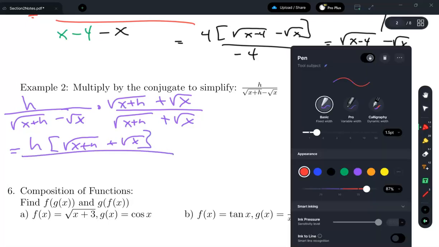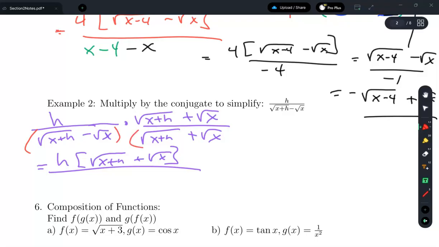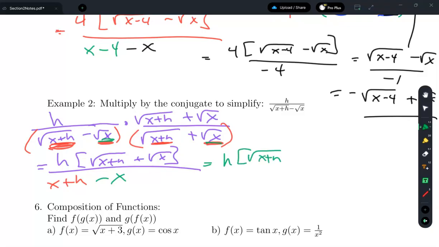Then when I'm multiplying this denominator, you see the FOIL. This times this is going to give me x plus h. This term and this term are the outside, and oh, look at that, they will cancel with the insides. What's left is the last terms, so that's going to be minus x. If I simplify in that denominator, the x's are canceling, so I'm left with h. Oh, look at that, those h's cancel. So I just get this.